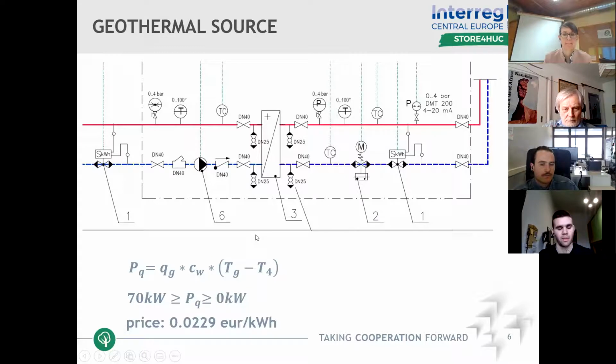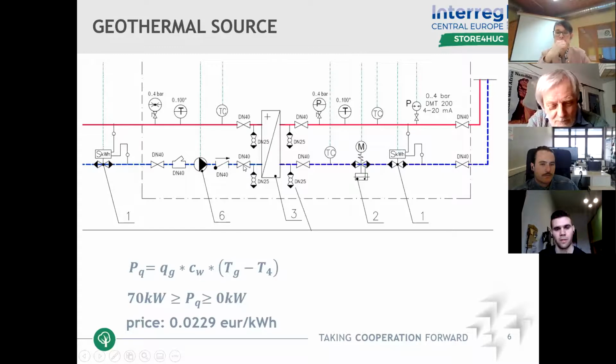That power depends on a flow, which can range from 0 to 6 cubic meters per hour. And it also depends on a difference between the temperature of the geothermal source and the temperature of water in the return pipe from the heat tank.